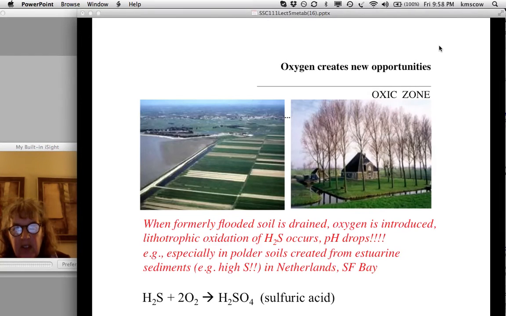Okay, and here's an interesting little case study about this. This has happened a whole lot in the Netherlands in particular, but also you can see this in the bay and in any areas where there's estuaries. So the Dutch have very little land area, and really early on they learned to completely engineer their landscapes and essentially push back the sea to then open up what was sediment, estuaries, or just seashore sediment for agriculture.